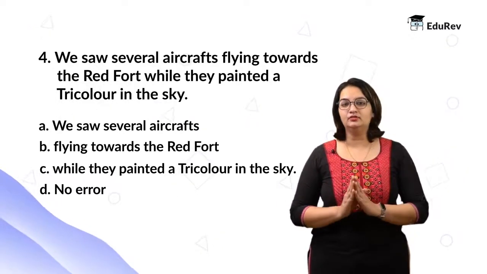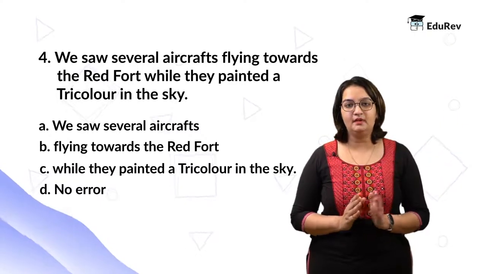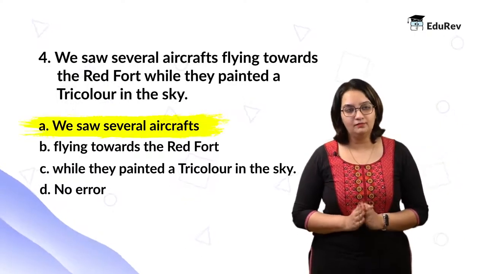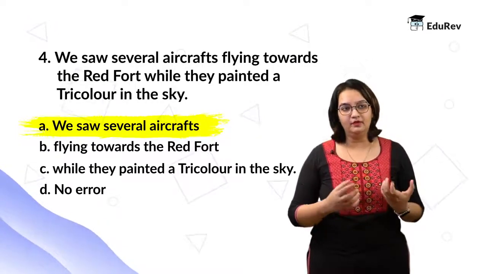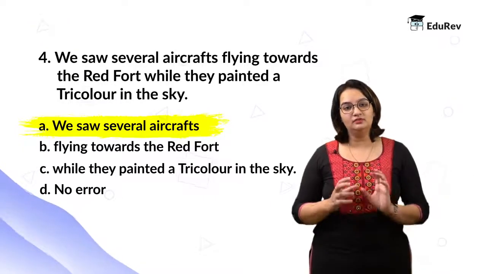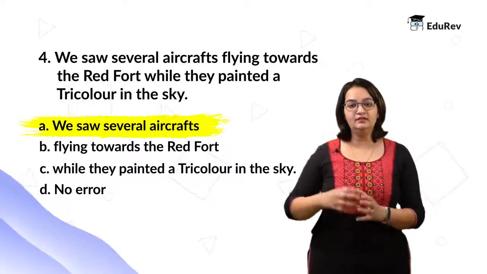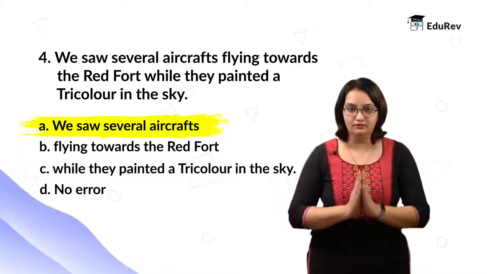Here, if we take a look at the statement, we find that the error is in part A of the statement. Why? Because just like we saw that there are several words which are originally plural in nature, there are several words which are originally singular in nature, even if they are referring to multiple units of that particular word.